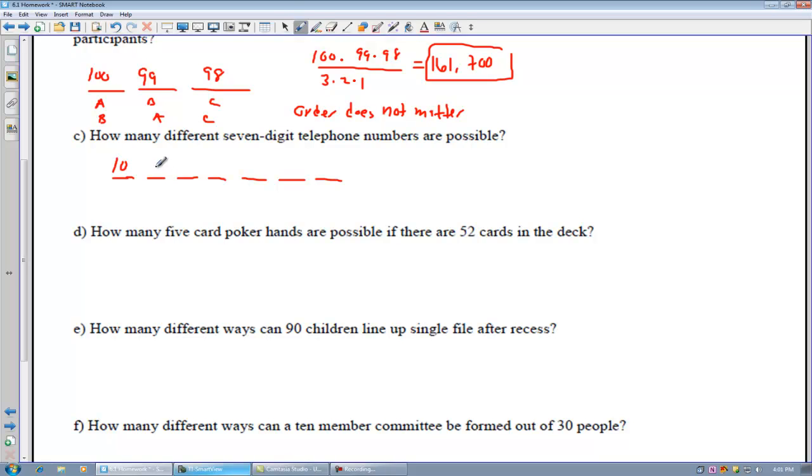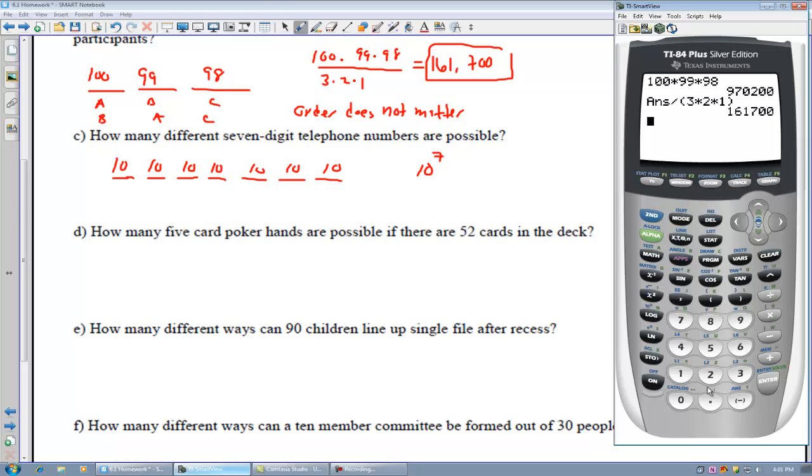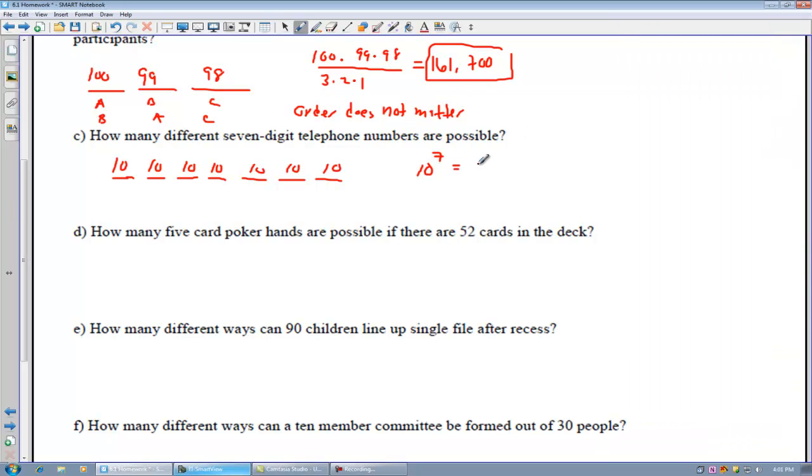Okay, the second spot, the number of possibilities is not 9 because we can use the same number again, so we get 10, and 10 choices here, 10 choices there, for a total of 10 times 10 times 10 times 10 times 10 times 10 times 10, 10 to the 7th. If you put 10 raised to the 7th in your calculator, you get back 10 million. So 10 million ways.